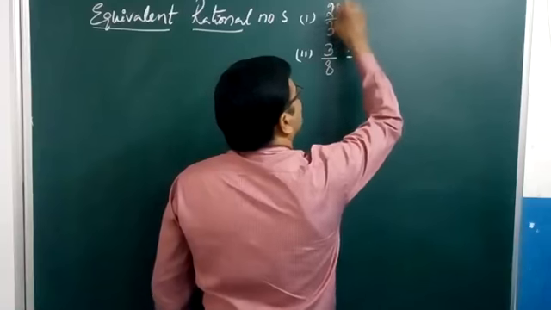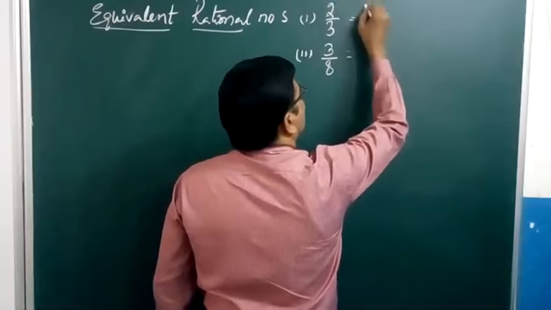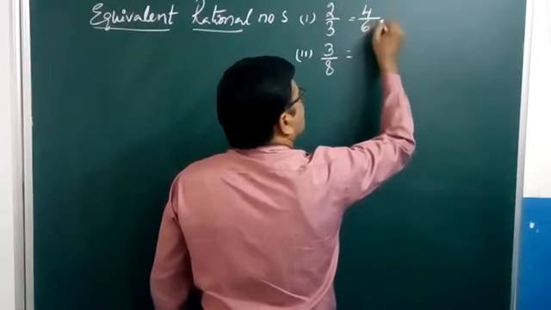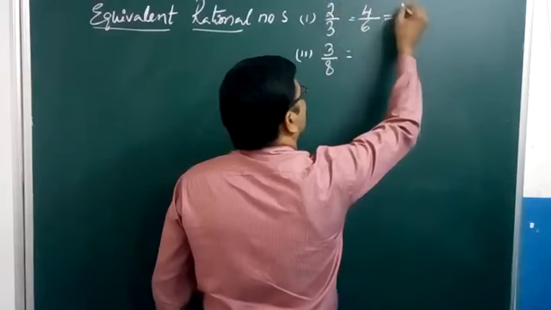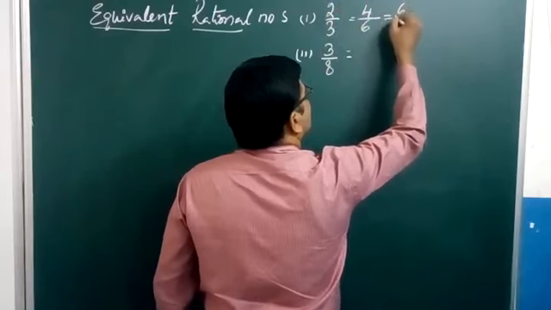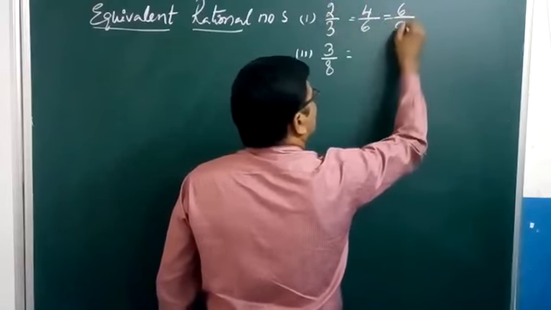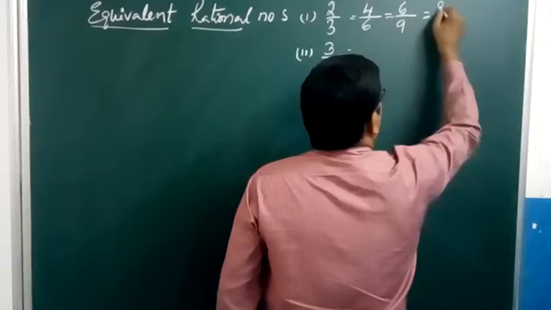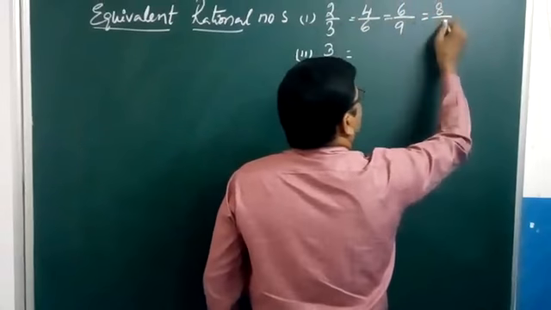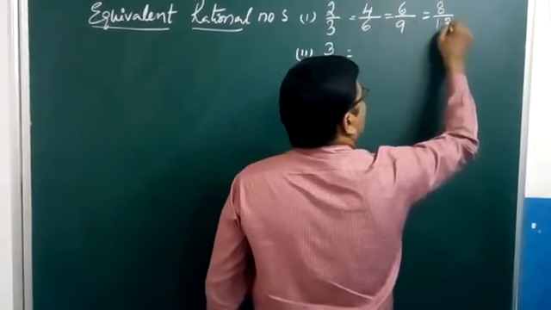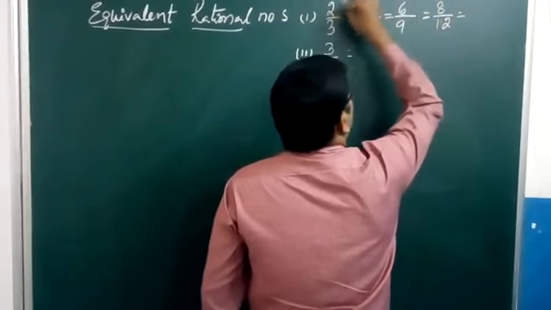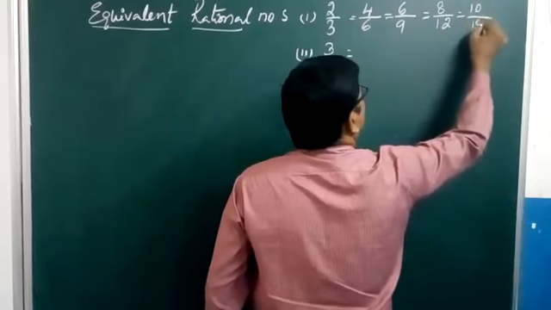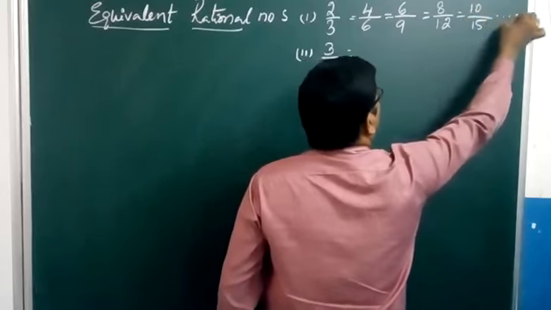So 2 twos are 4, 3 twos are 6, and this is equal to 2 threes are 6, 3 threes are 9, then 2 fours are 8, 3 fours are 12, then 2 fives are 10, 3 fives are 15, and so on.